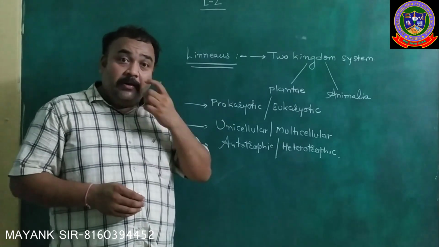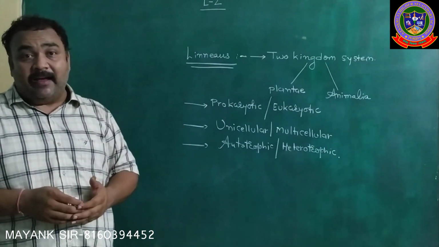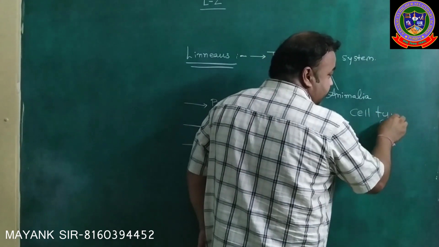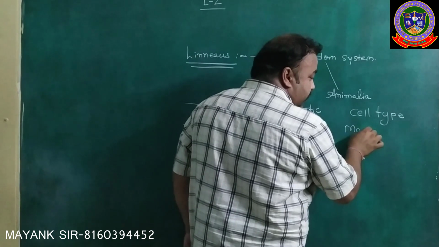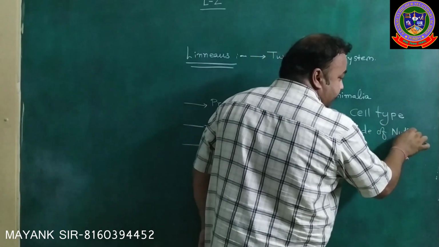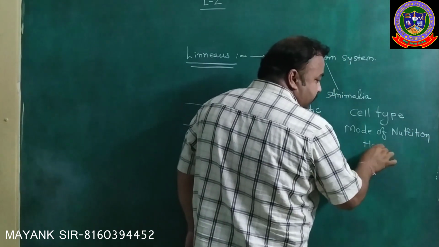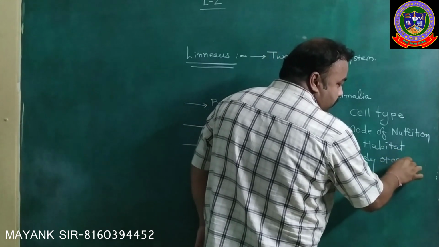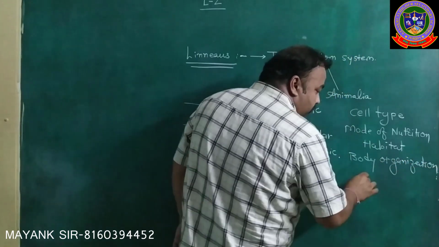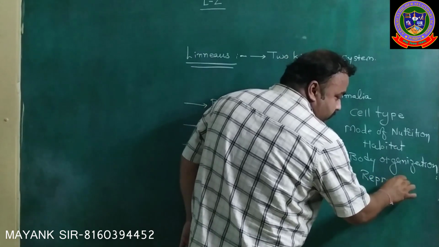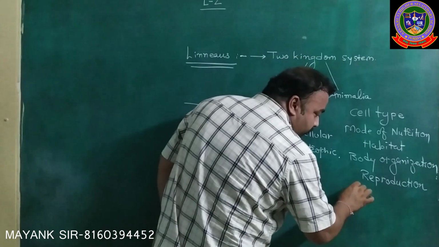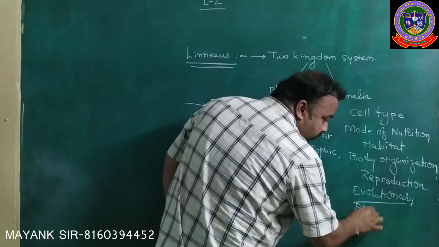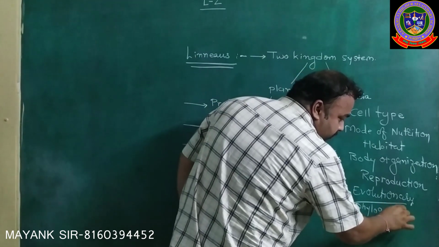And those characters include, that means it was the need of that particular era to adapt new characters like cell type, mode of nutrition, habitat, body organization, mode of reproduction, and evolutionary, or rather say phylogenetic aspect.